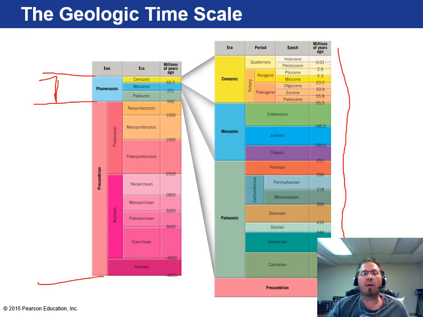You have the Cenozoic, again where we are now, the Mesozoic, which everybody knows because of the dinosaurs, and the Paleozoic. Okay, and then you have different periods, you have epochs, and over here on the right it shows you the different ages.